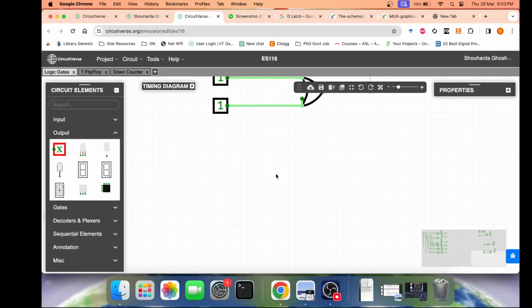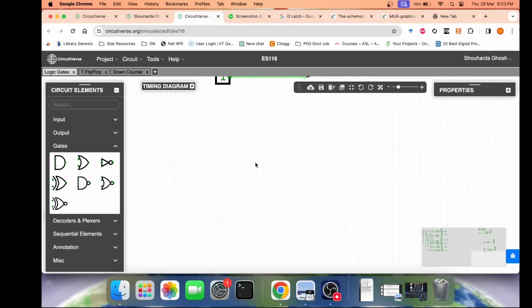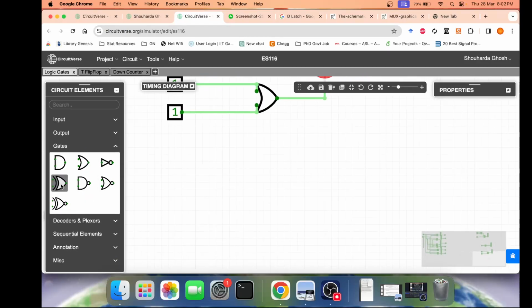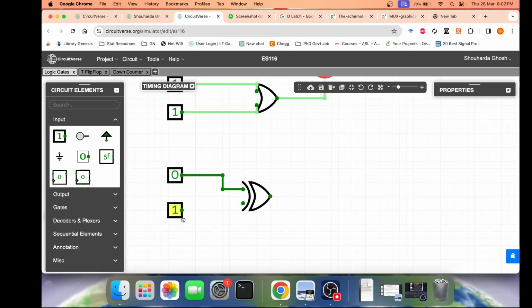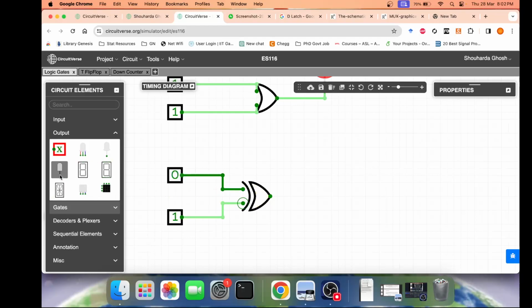Alright, now let's look into the XOR or the exclusive OR gate. This is a bit interesting, and I would like you to give a bit more attention to this gate. Alright, so I connect the LED over here.